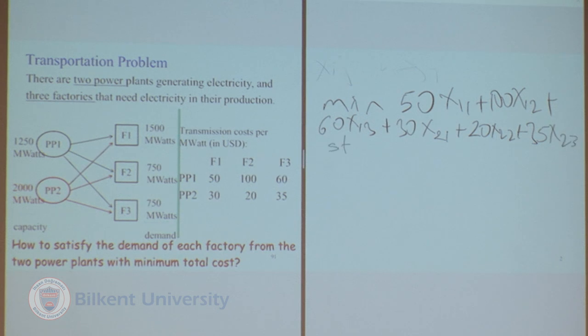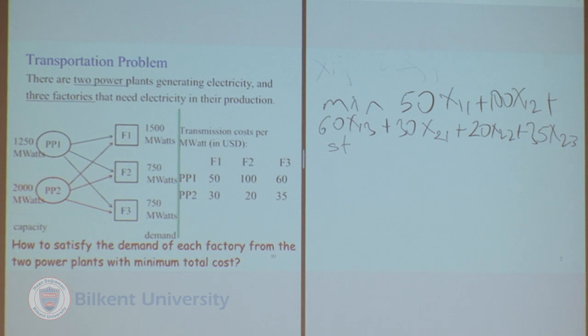All right, subject to. What are my constraints? What kind of constraints do we have? Each power plant has a capacity. They cannot send more than what's written on the left of them, right? So let's write the constraint for power plant 1. Tell me the constraint saying that power plant 1 cannot send more than 1,250 megawatts.